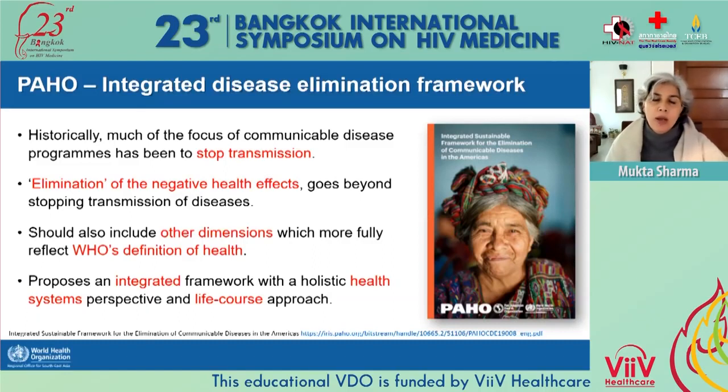So therefore, in this elimination framework, a broader definition of WHO's definition of health has been brought in, not just around stopping transmission, and thinking about a people-centered integrated framework with a holistic health systems perspective. So that's in PAHO. And we are also seeing a similar approach come through in the WHO TB strategy.